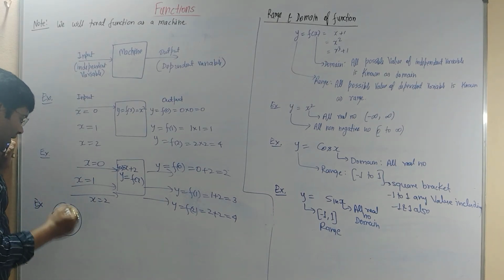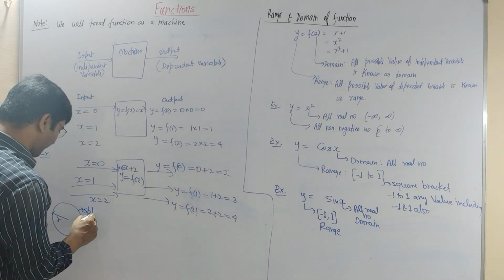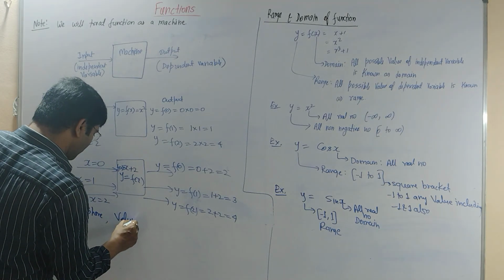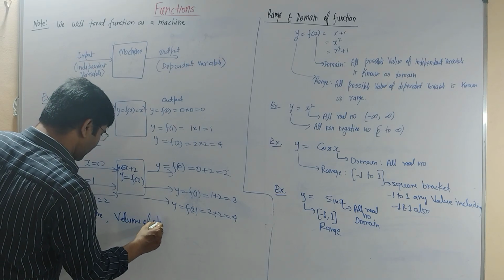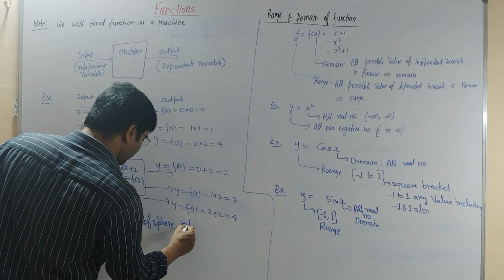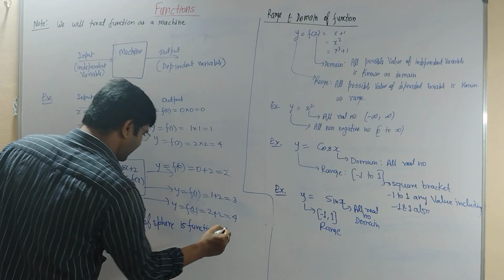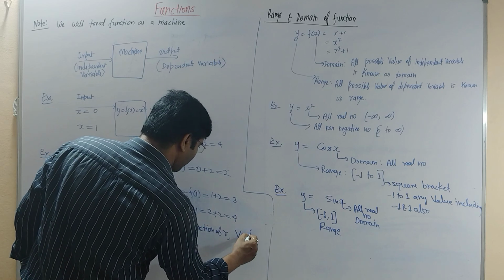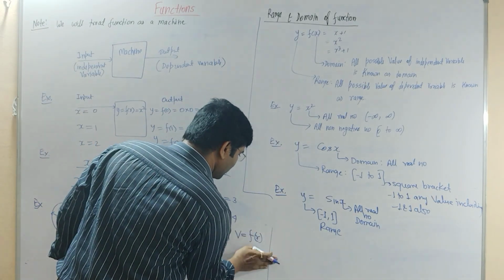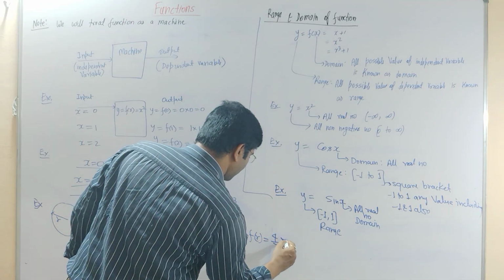So here we can say this is radius r and this one is sphere, so we can write volume of sphere is function of r. That means we can write v as a function of r. So this is how function, and this value is equal to 4 by 3 pi r cube.